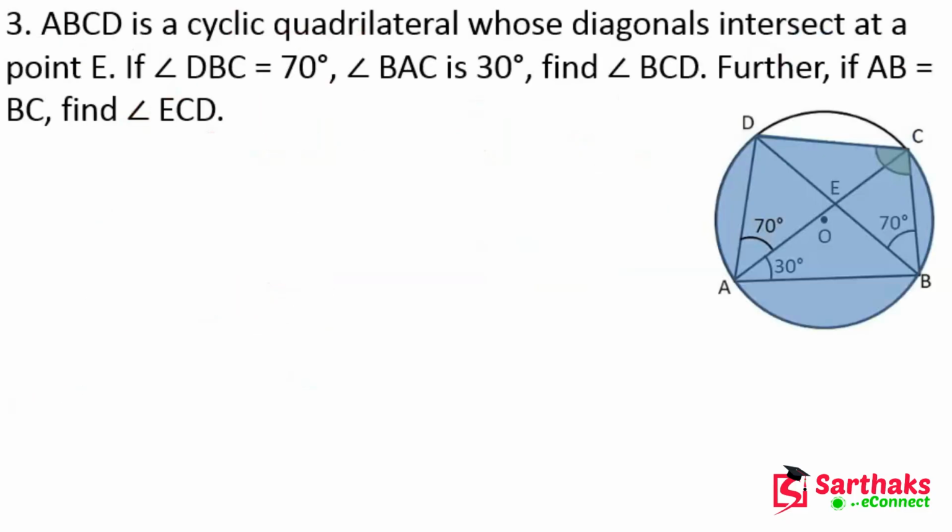Okay, so the next question is: ABCD is a cyclic quadrilateral, whose diagonals intersect at point E. If angle DBC, this angle, is 70 degree, and angle BAC is 30 degree, then we have to find angle BCD, this angle.